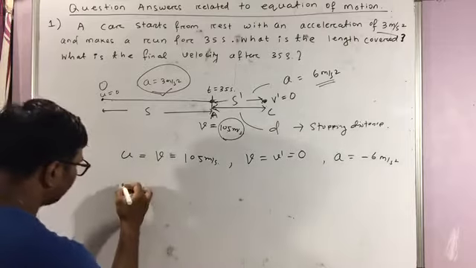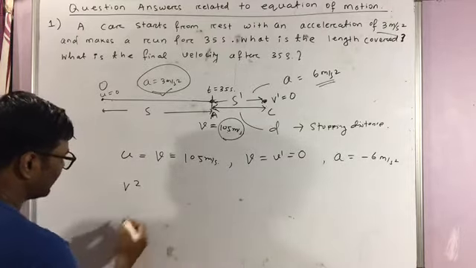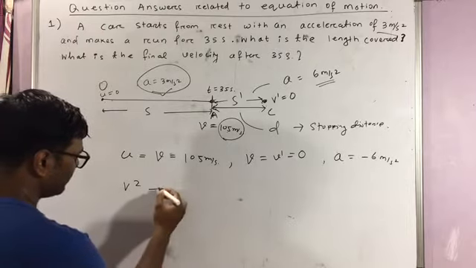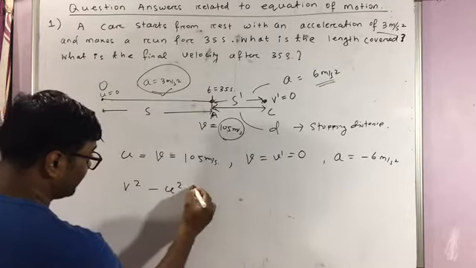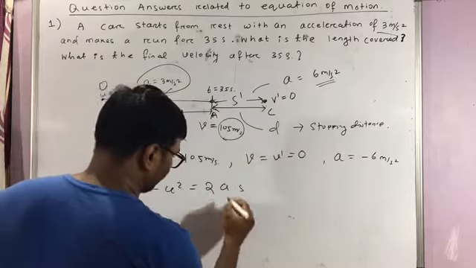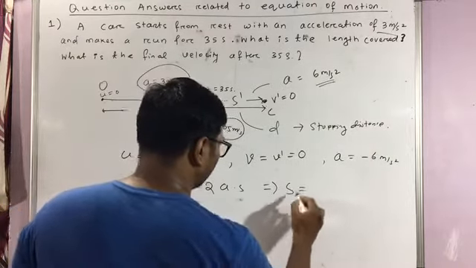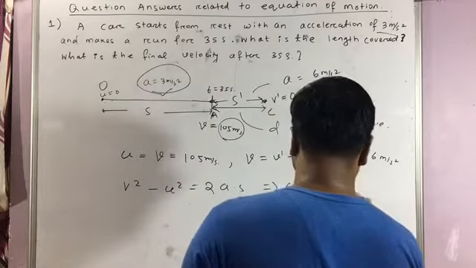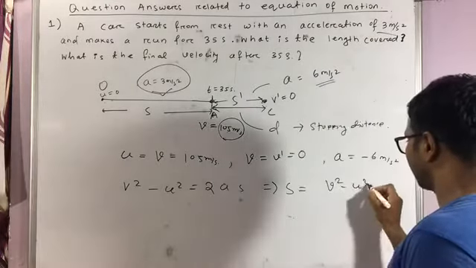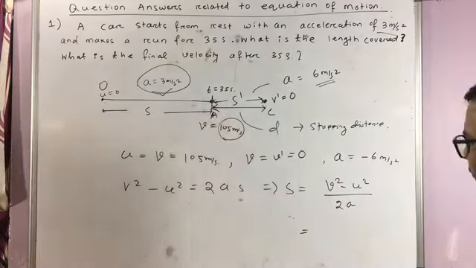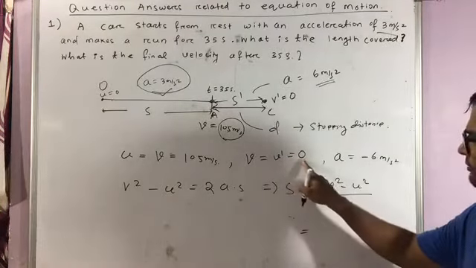U, v, a are given, we need to find the distance. So the simple equation we need to take is v square minus u square is equal to 2as, which implies s is equal to v square minus u square divided by 2a. v means your final velocity, which is 0 in this case.